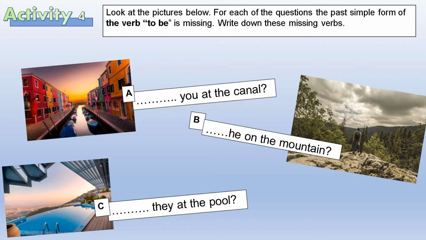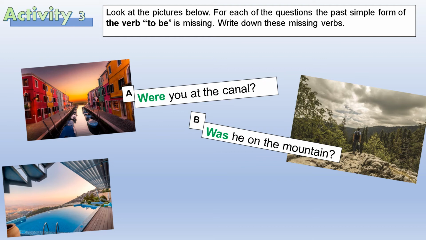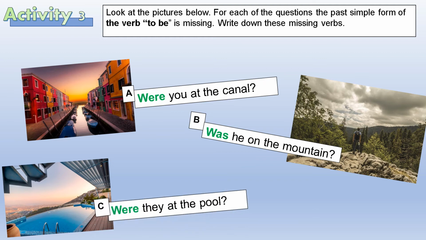Okay, let's look at some answers. A. Were you at the canal? B. Was he on the mountain? C. Were they at the pool?